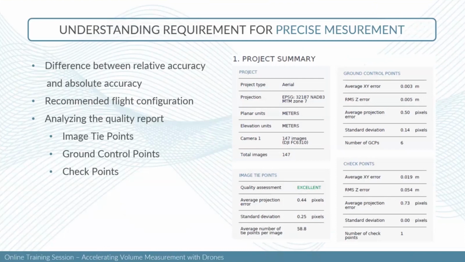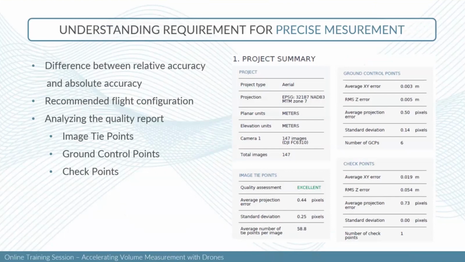So it really depends on the quality of the tie points that we were able to extract between the images, and it refers to the relationship of individual features, one to the other. A good relative accuracy could be checked by measuring a distance, let's say, between 2 points in your map.